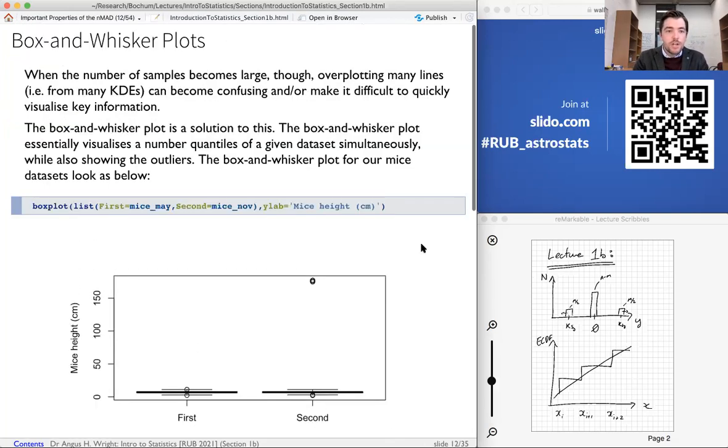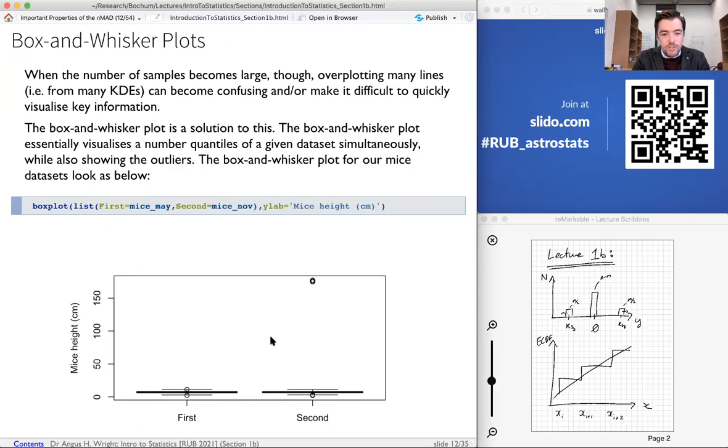Okay, so one such other graphical summarization is what you may remember from high school, which was referred to as the box and whisker plot. A box and whisker plot is essentially a graphical tool for summarizing quantiles of the data distribution. And what does that mean? Basically, you can take two data sets.